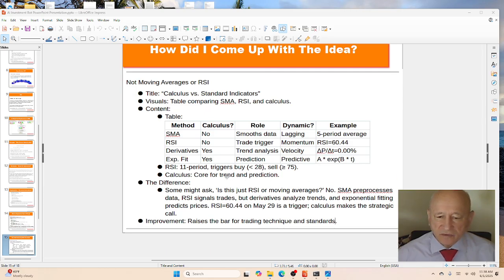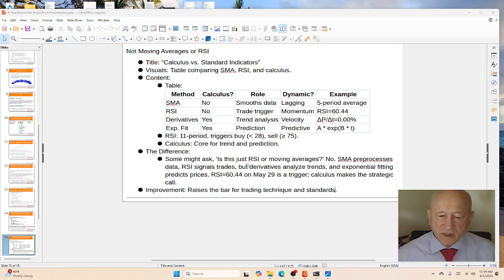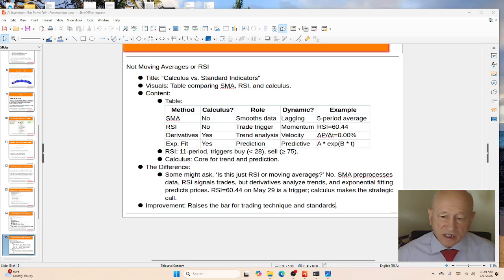The RSI can trigger buys below 28 and sells above 75, and the calculus is the core for trend and prediction. The difference, some might ask, is this just RSI or moving averages? No. Simple moving averages pre-process data, RSI signals trades, but derivatives analyze trends, and exponential fitting predicts prices.